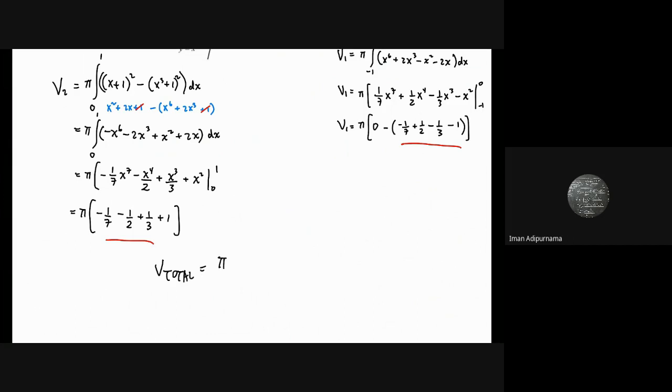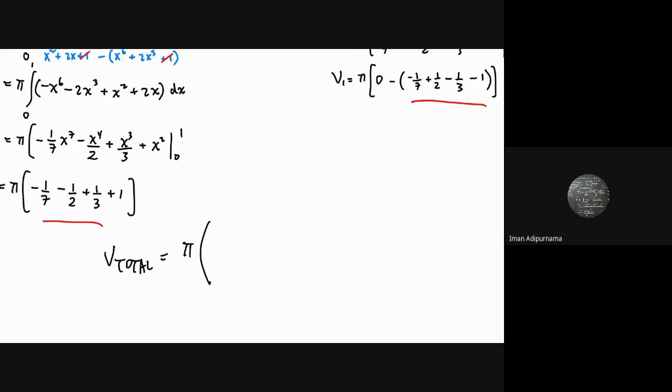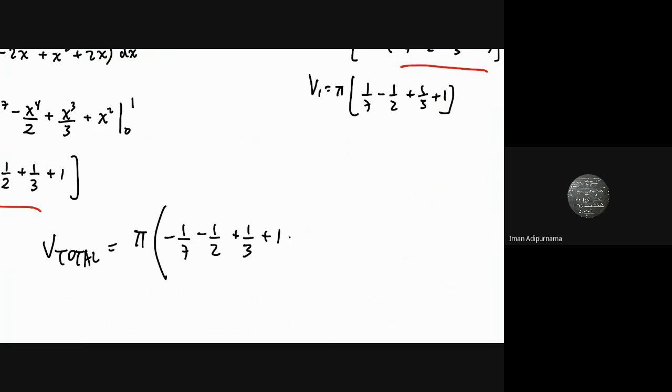So pi, negative 1 over 7, negative half plus 1 over 3 plus 1. This we can compute first. This should be 1 over 7. Okay. So plus 1 over 7, half plus 1 over 3 plus 1.